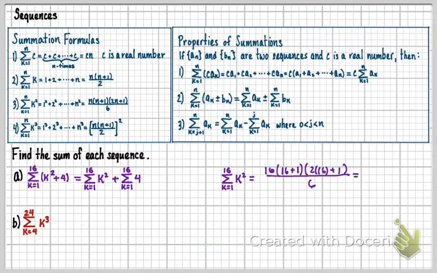So then what I'm going to get from here is 16 times 17 times 33 over 6. And when I deal with these, I always simplify when I can. So that's going to be a 3, that's going to be an 8 there, because 2 goes into both those. And 3 goes into both those, that's 1 and an 11. I just always do.